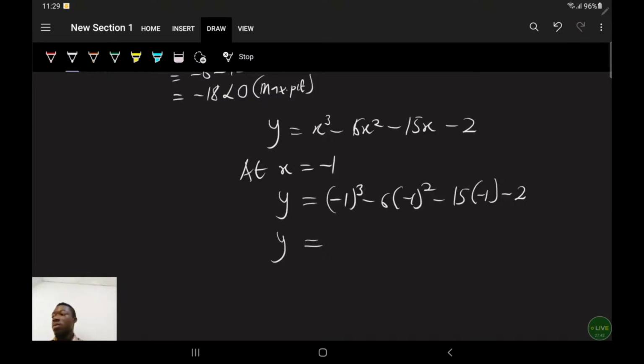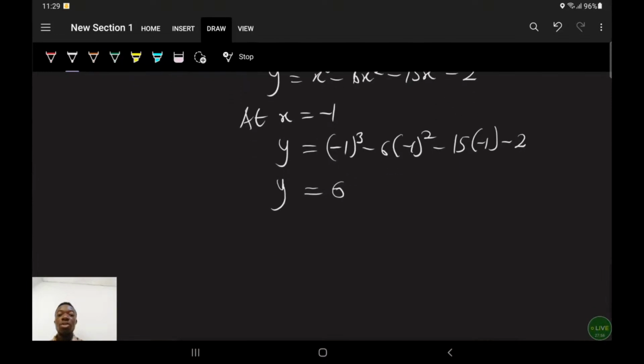With my case, I had y equal to 6. That's what I got for this curve. So I can say that my maximum point is going to be -1 and 6. I believe that is clear. So that is my maximum point.